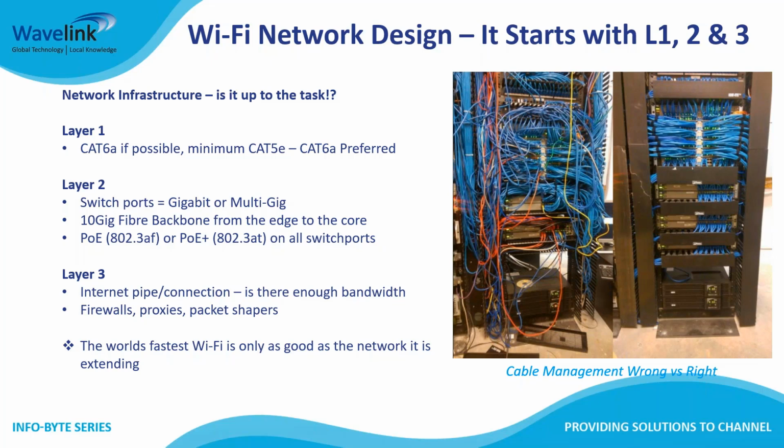Is it going to be fast enough for the amount of clients that are going to be joining the network and their requirements? So how much data will each client use? What types of devices are those clients going to be using? And then what applications and programs and video streaming, etc., are going to be needed to be pushed over that Wi-Fi network?